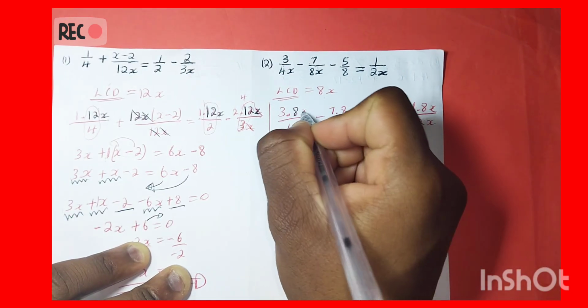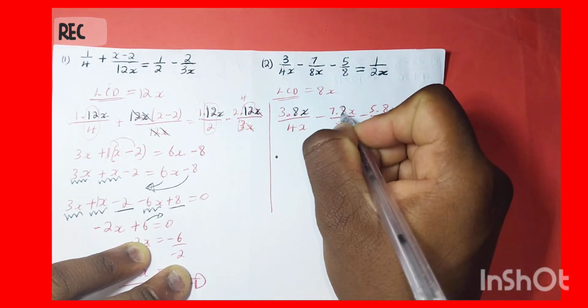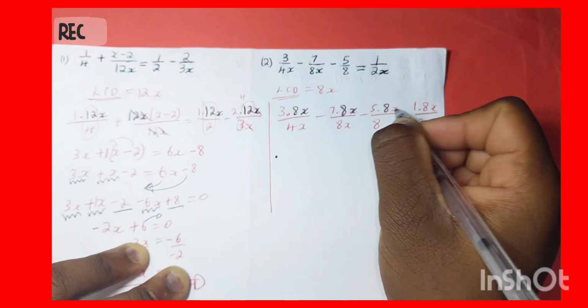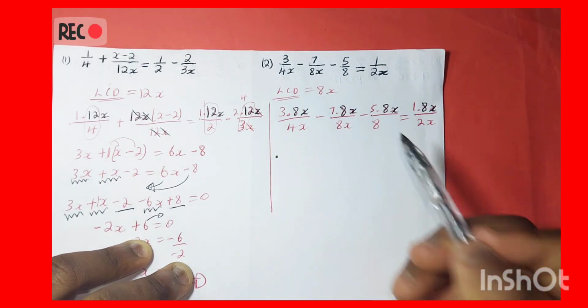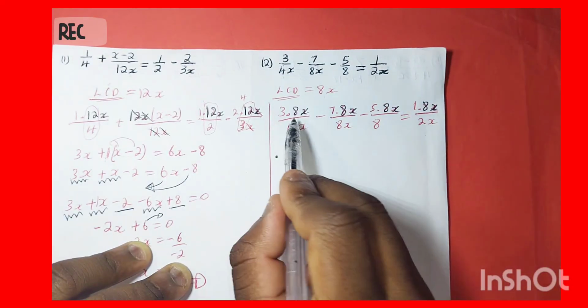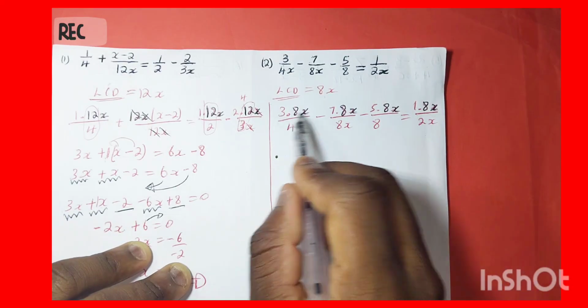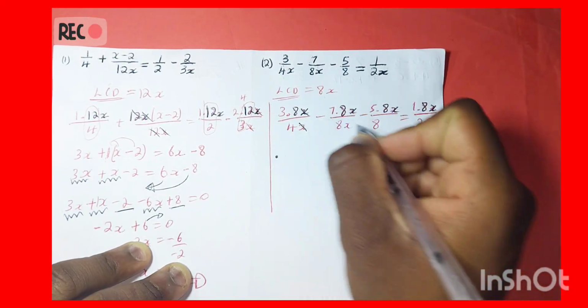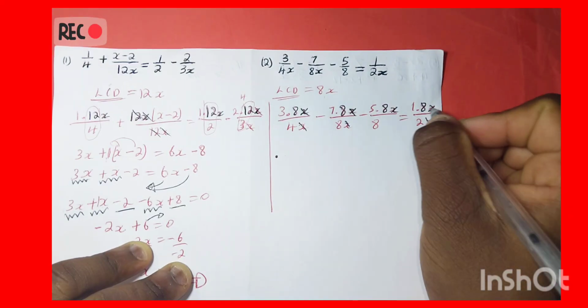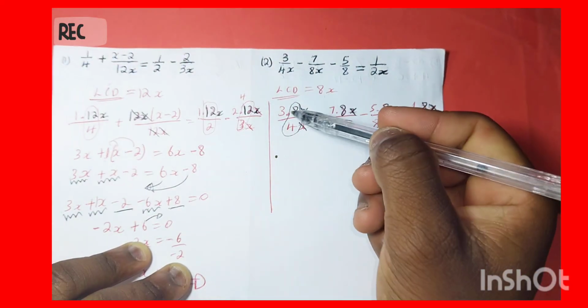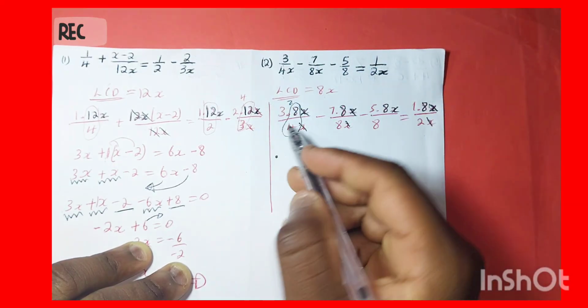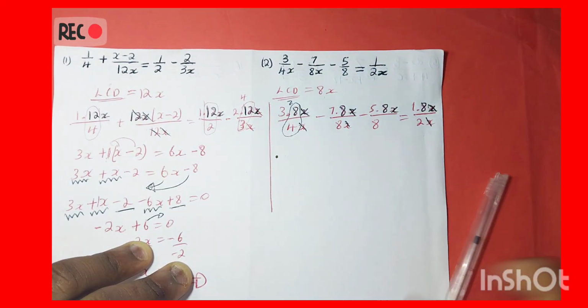Remember, this one is your LCD, guys. I hope now you are following this. So this one is your LCD. It will multiply on a denominator, or it will multiply on a numerator, guys. It will go upwards there, meaning all those x will get cancelled. When you press this on a calculator, all of this is the same as 2, meaning that it's 3 times 2, which is what?